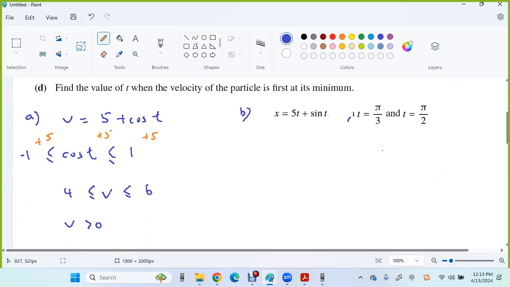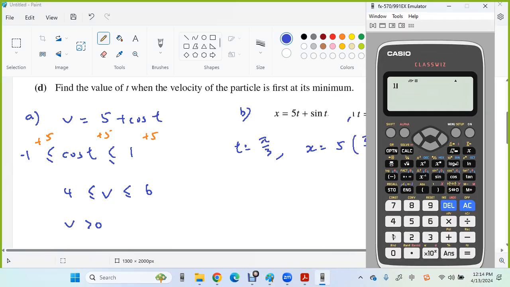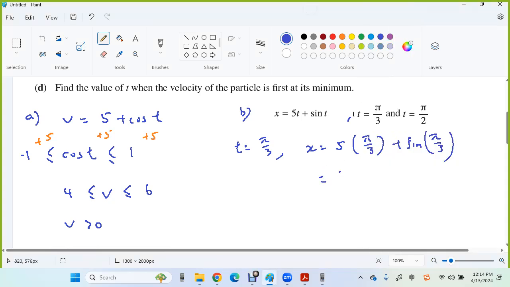When t equals pi over 3, x equals 5 times pi over 3 plus sine pi over 3. Pi is 180, over 3 is 60. So sine 60 is square root 3 over 2. So 5 pi over 3 plus square root 3 over 2.